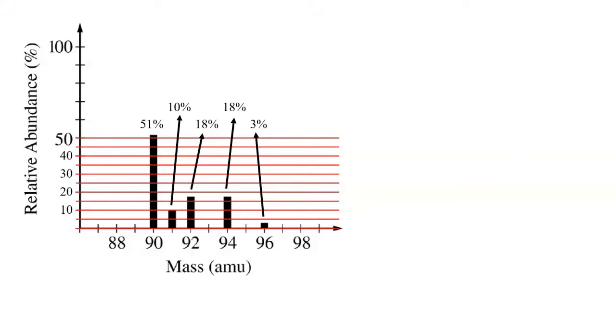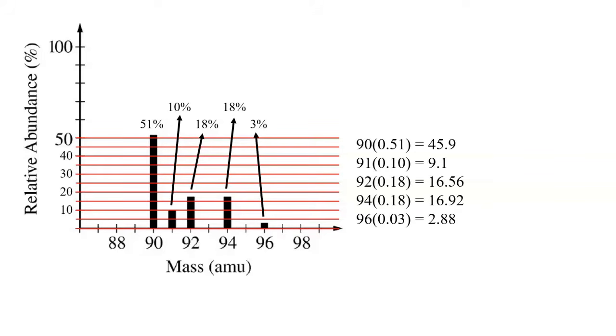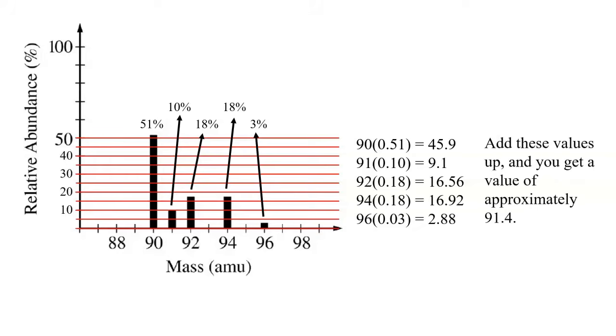And then I went through and tried to estimate from this diagram the percent abundance of the other isotopes with mass numbers of 91, 92, 94, and 96. If we take a calculator and we actually do that math to multiply the mass number by the percent abundance, and then add up all those values, we would get approximately 91.4 based on the math that you're looking at here.